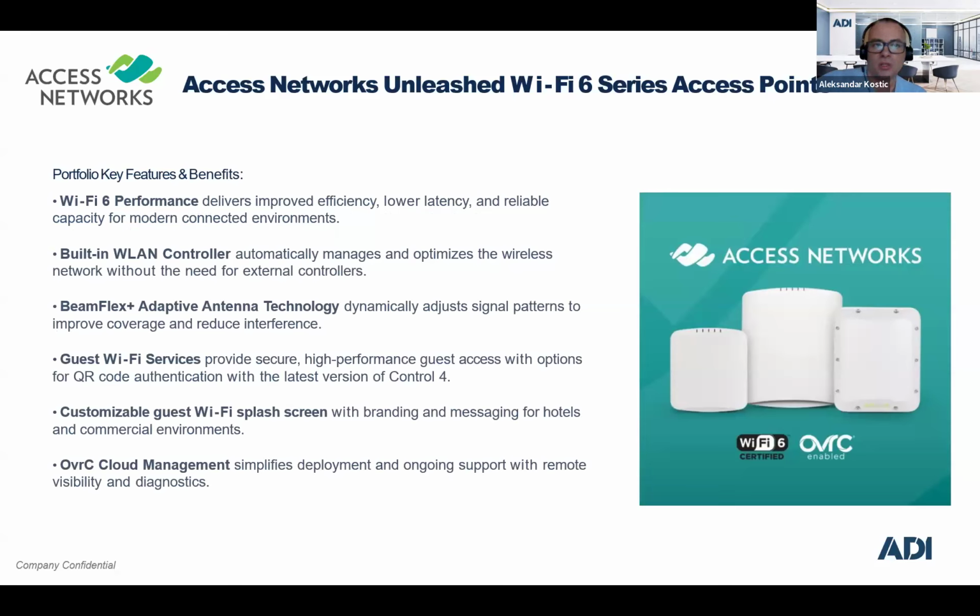First of all, the most important thing is that they use so-called Beamflex technology, which is able to focus the Wi-Fi stream to the direction where the Wi-Fi client is detected. That, in other words, means that with the same level of transmit power, those access points are able to provide more reliable connection, stronger signal, which directly affects the available bandwidth and throughput.